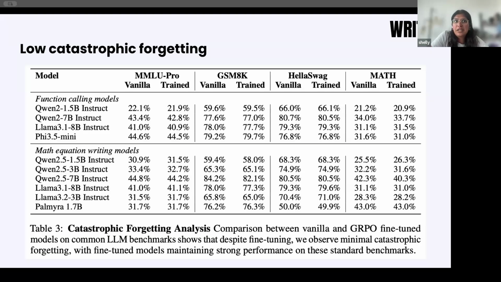And we credit that a little bit to how generally we're fine-tuning, right? Because we're incentivizing self-reflection and reasoning in general, as opposed to specific answers on a specific task, we were seeing relatively low catastrophic forgetting, which is cool and kind of evidences that you can train models in this way and still use them for lots of different things.